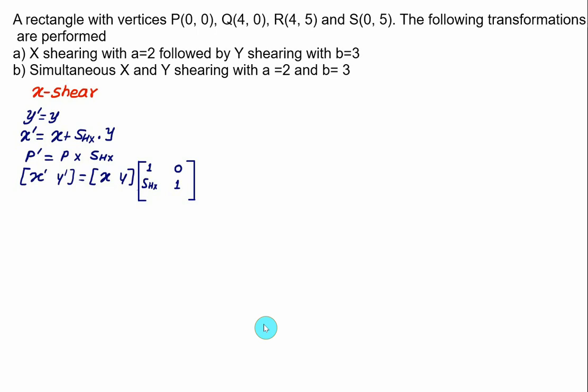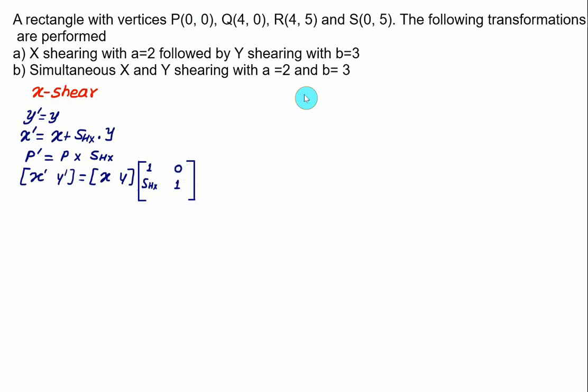So when we perform the x shear, the y coordinate will not change, the x coordinate will change, and the x coordinate is given as x plus shx into y. So the final point we can calculate as P prime is equal to P into shx. This value of shx you have to use equal to a, which is 2, and we can write the matrix as x prime y prime is equal to x y times 1 shx 0 1.